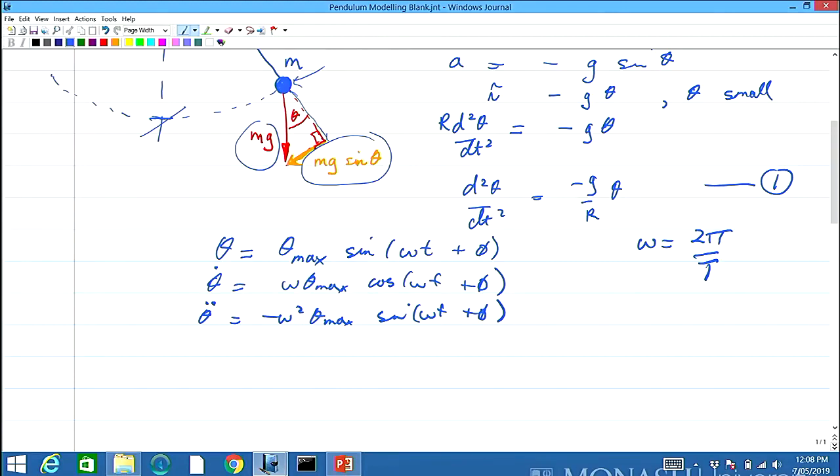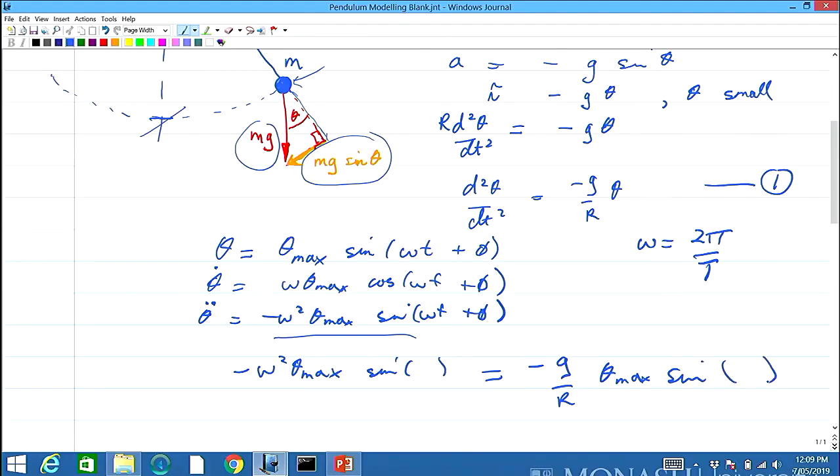All right, so let's do that. So we've got this expression here, and you get minus omega squared theta max, and you have sine on both sides here, minus g on R theta max sine of omega t plus phi.